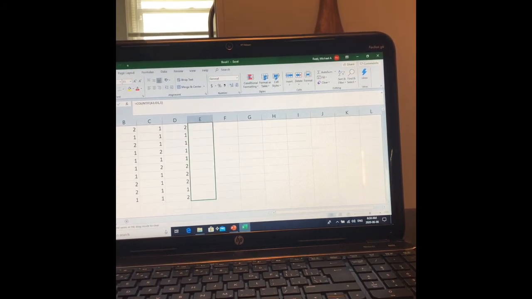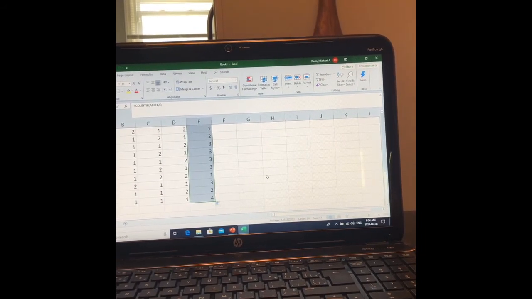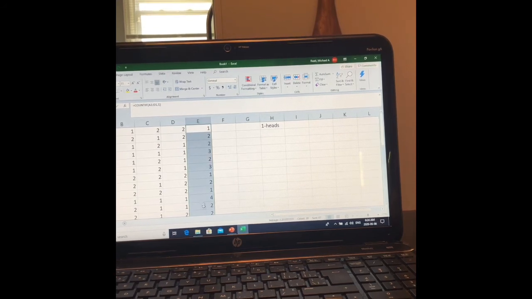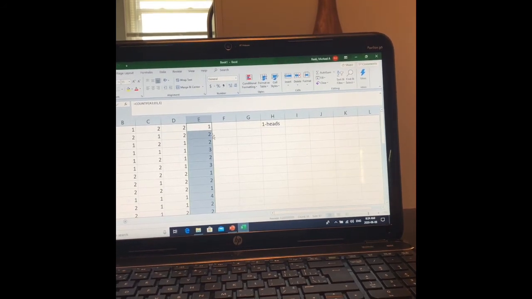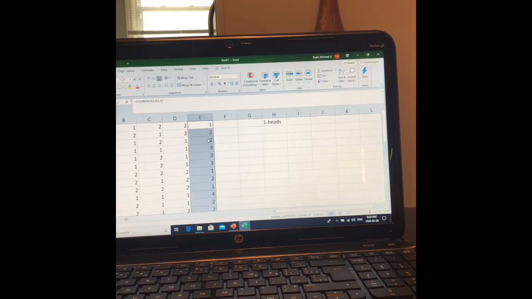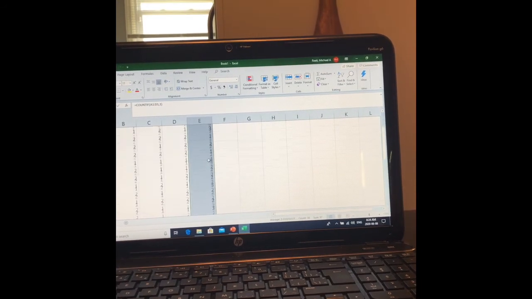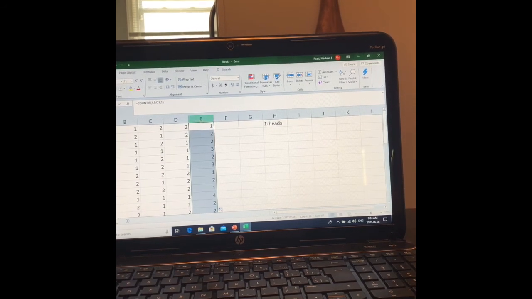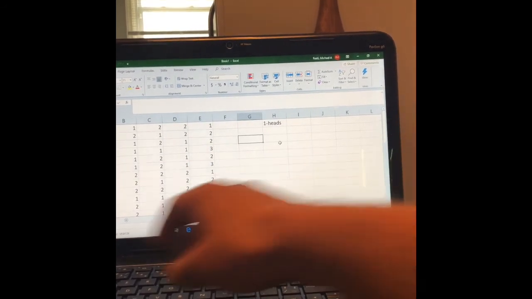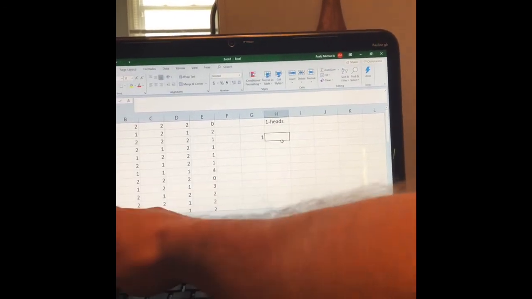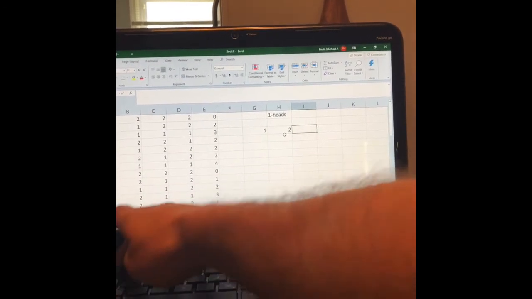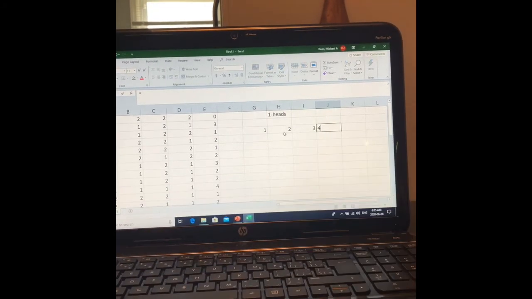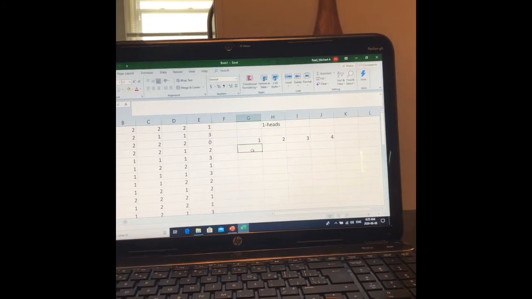And there's my totals. So I got 1 head, or 2 heads, or 3 heads, counting all the way down, and you got 30 different people, and then you could tally that up and make it into a chart. You could also go 1 head, or 2 heads, or 3 heads, or 4 heads.